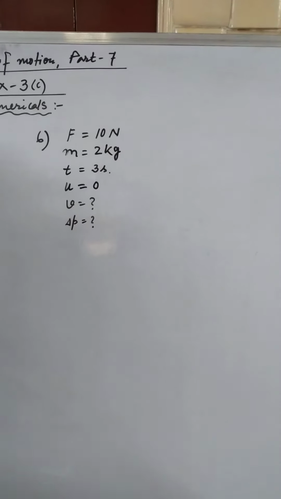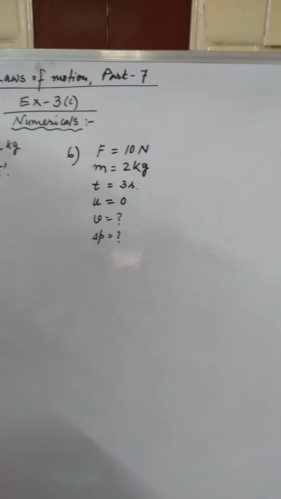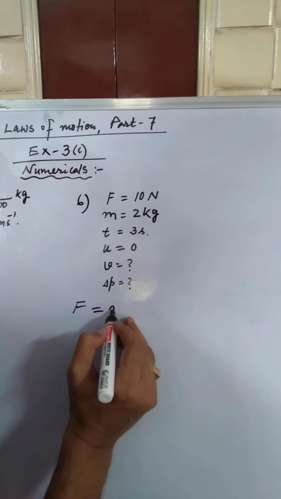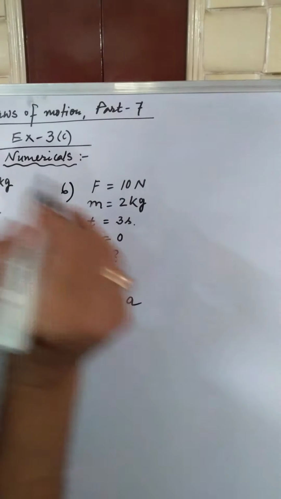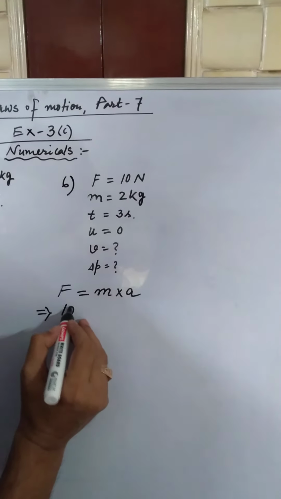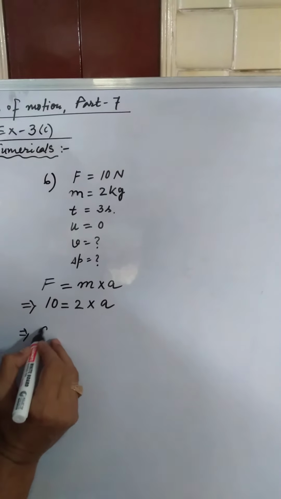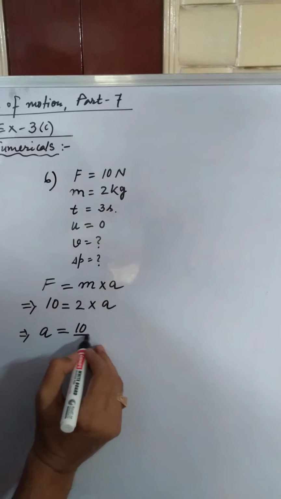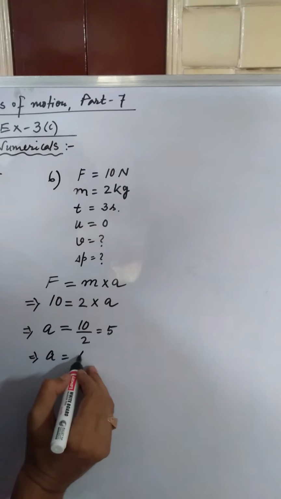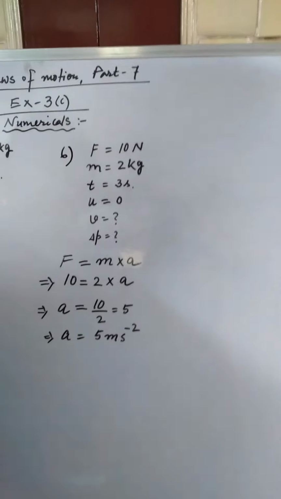Okay, so first find out the acceleration. Applying Newton's second law of motion, F equal to m into a. F equal to 10 Newton, m equal to 2, then a equals 5. So the acceleration produced in the body is 5 meter per second square.